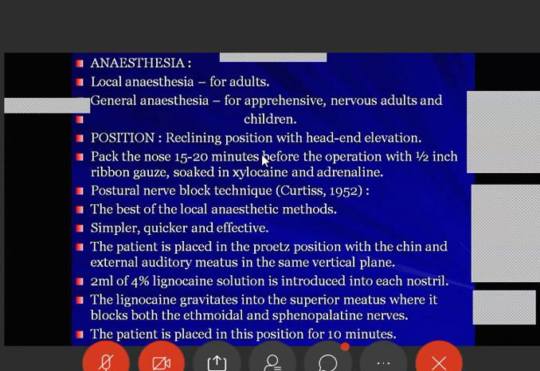So that is the importance of xylocaine with adrenaline. Then the patient is placed in Rose's position with the chin and external auditory meatus in the same vertical plane, that is 15 to 20 degrees of head end elevation.